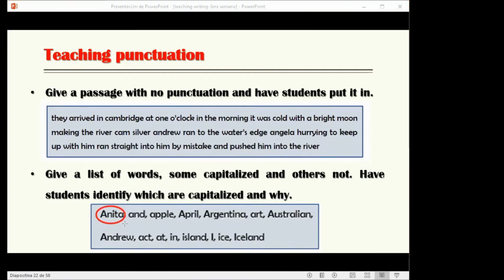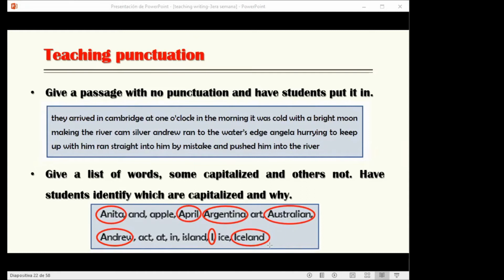Okay, teacher. Yeah, Anita, April, Argentina, Australian, Andrew, Iceland. Now what do they have in common? Why are they written with capital letters and the other words not?